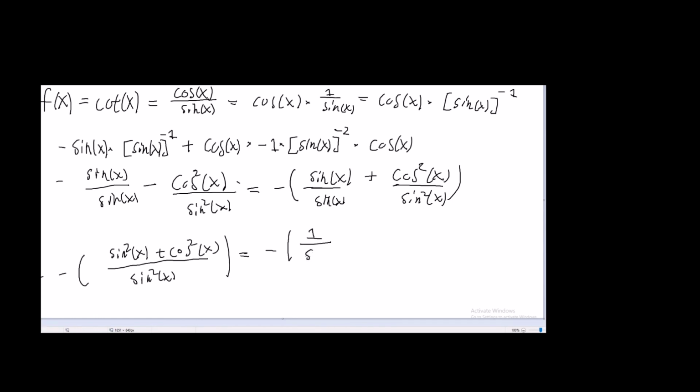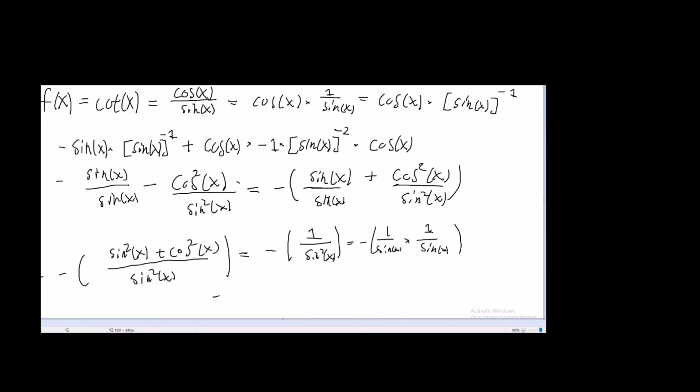Negative 1 over sine squared of x, and 1 over sine squared of x is just equivalent to negative 1 over sine of x multiplied by 1 over sine of x. And what is 1 over sine of x?